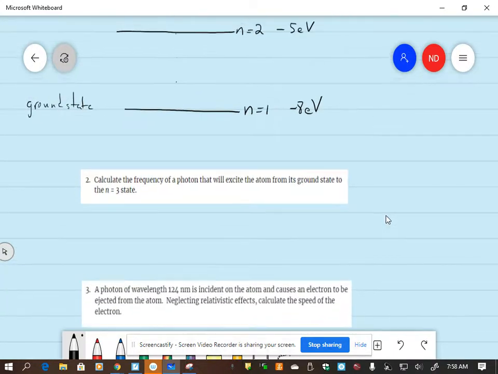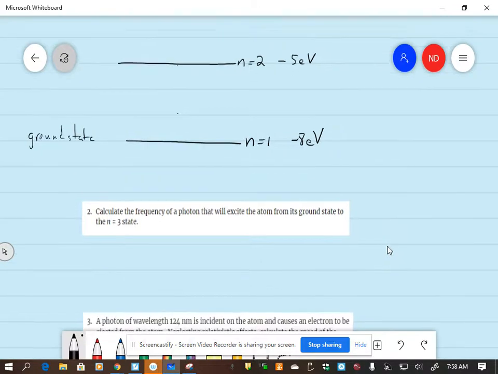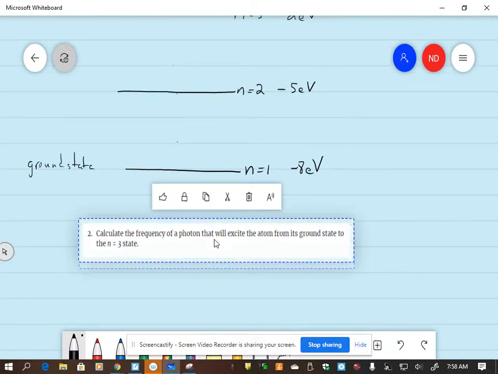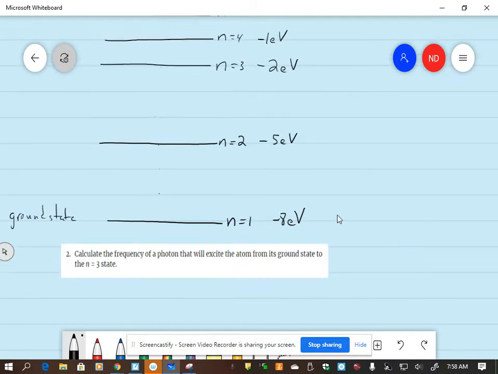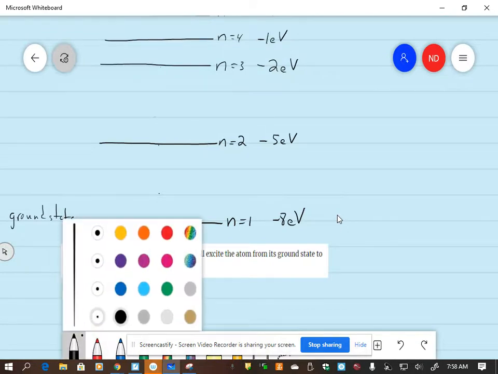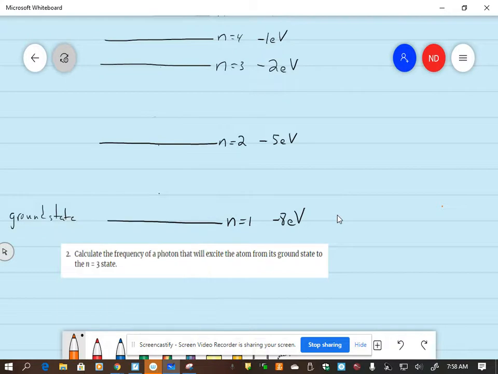Calculate the frequency of a photon that will excite it from the ground state to n equals 3. That would be taking an electron from the ground state up to here.